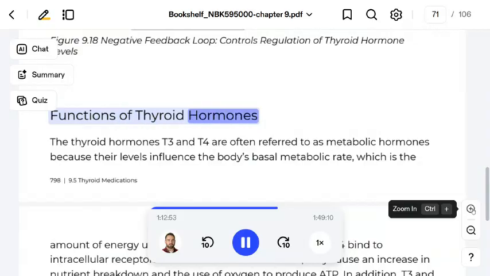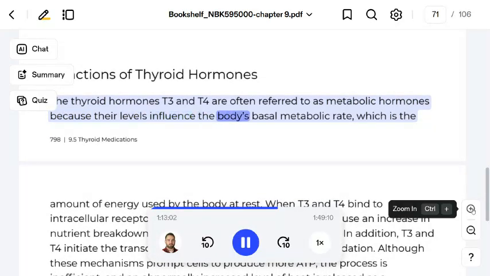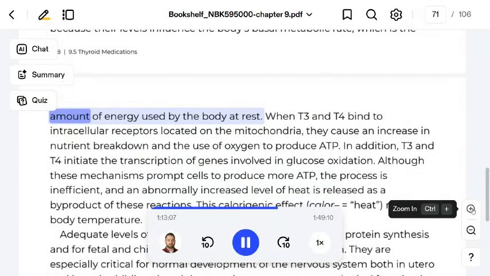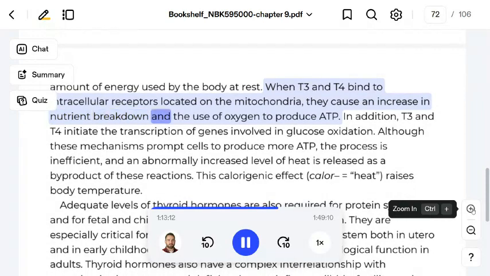Functions of thyroid hormones. The thyroid hormones, T3 and T4, are often referred to as metabolic hormones because their levels influence the body's basal metabolic rate, which is the amount of energy used by the body at rest. When T3 and T4 bind to intracellular receptors located on the mitochondria, they cause an increase in nutrient breakdown and the use of oxygen to produce ATP.